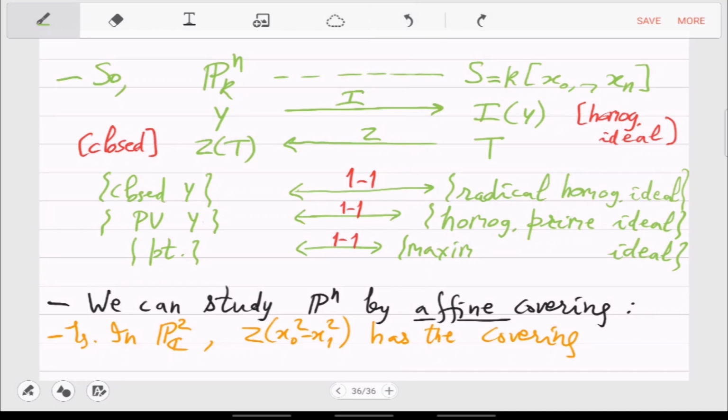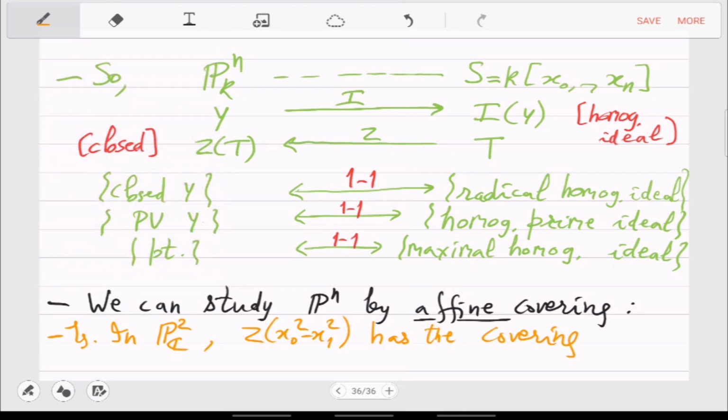So that's a bit asymmetric. Amongst homogeneous, you get the maximal. That's the point.